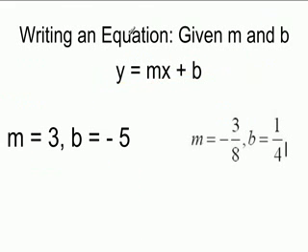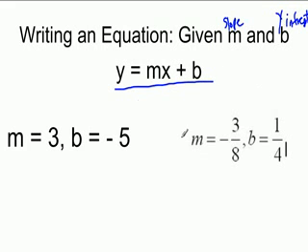Alright, now, what if we say write an equation given m and b? So we're given this is our slope, and we're given our y-intercept. So how do we write an equation like this? y equals mx plus b. Well, our m is 3, and our b is negative 5.